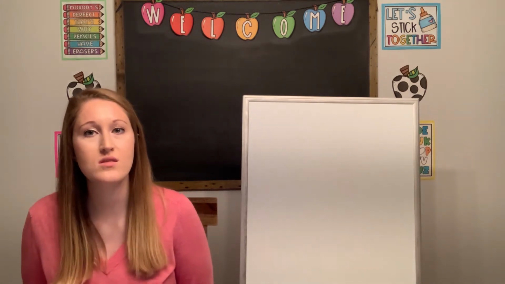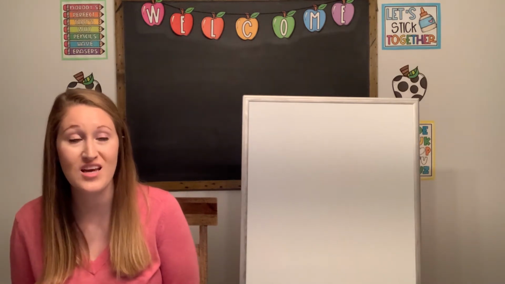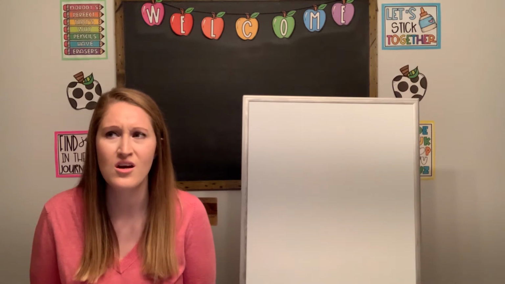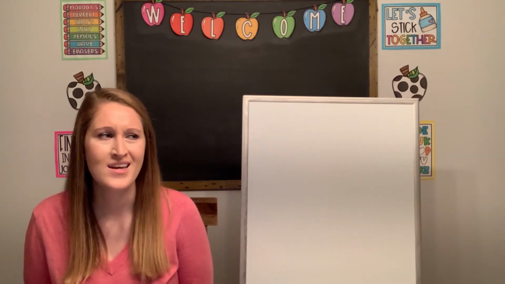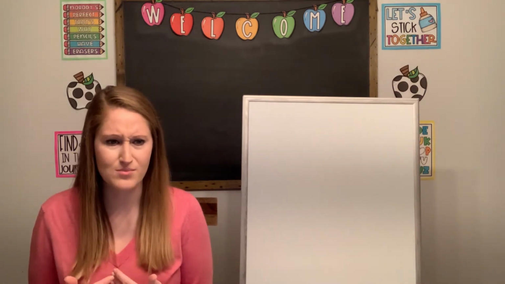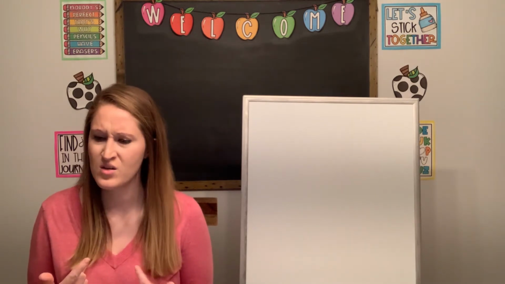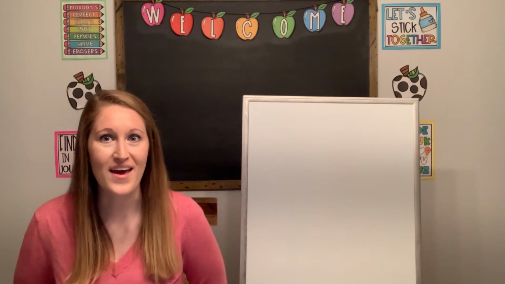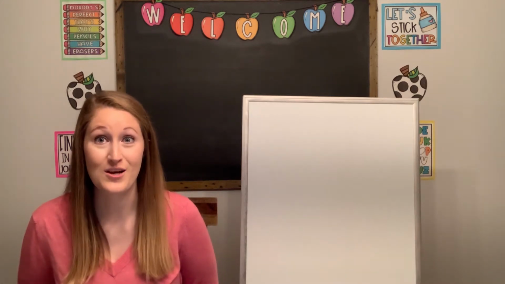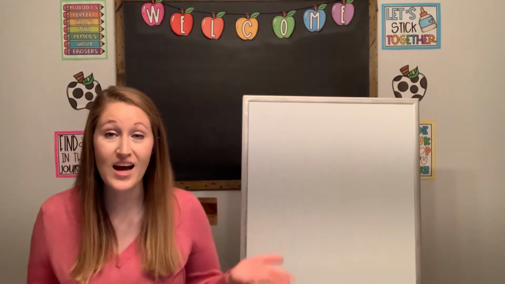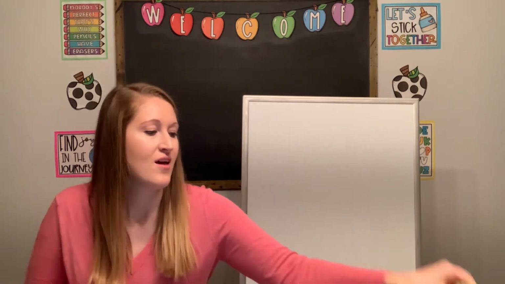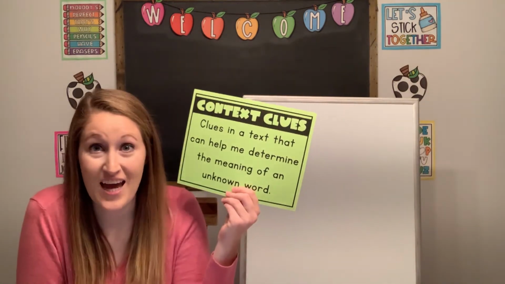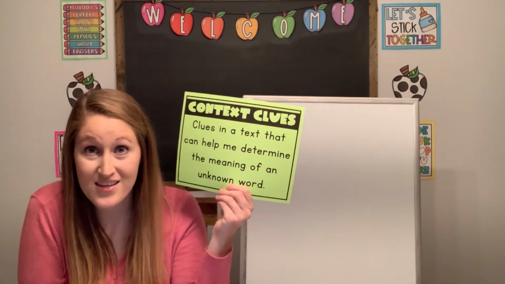And so that's what can make reading a nonfiction text a little bit harder, because some of those vocabulary words are unfamiliar to us, and they can make us stop sometimes and really think, what did I just read? But there's a way that we can solve those words on our own, and it's by using context clues. So today, we're going to be talking all about using context clues with nonfiction texts.